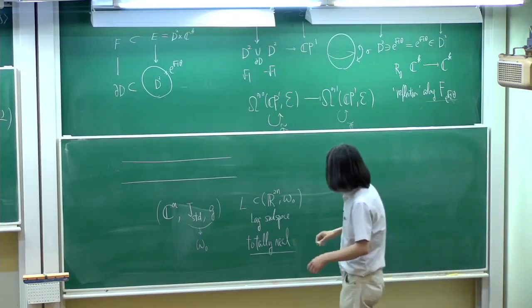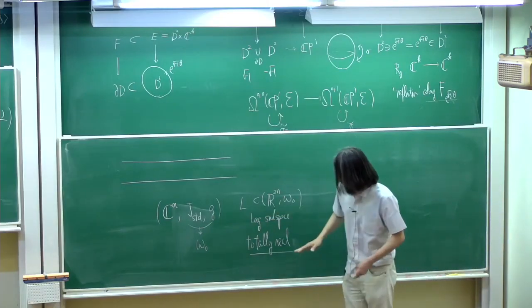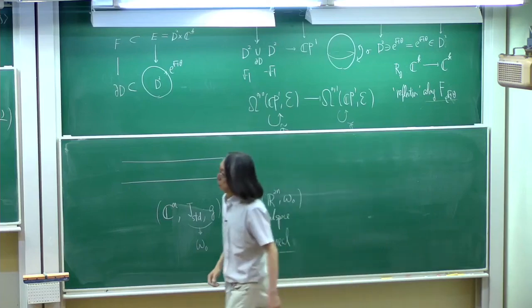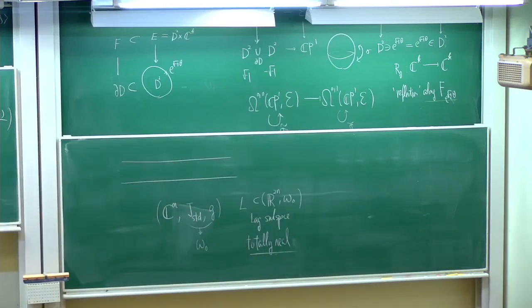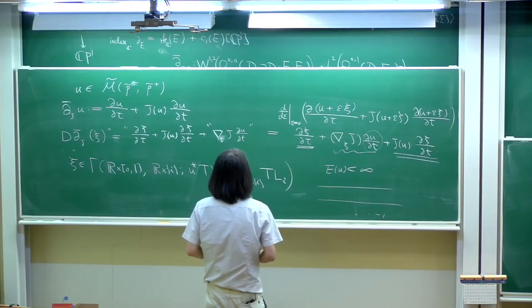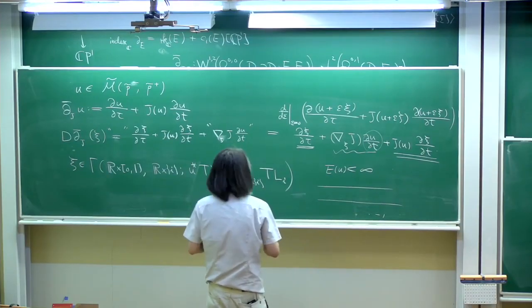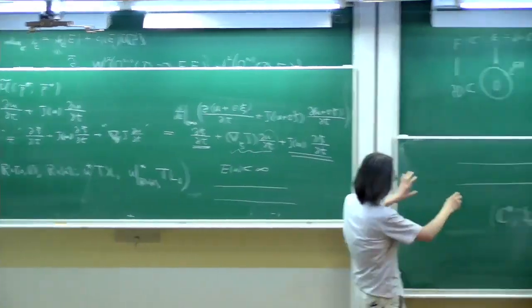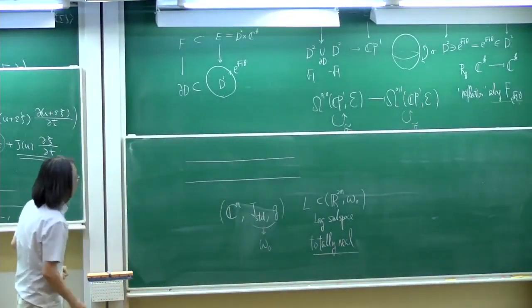So if you have Lagrangian, you have totally real, and as I mentioned there, it is a Fredholm problem for the compact manifold.